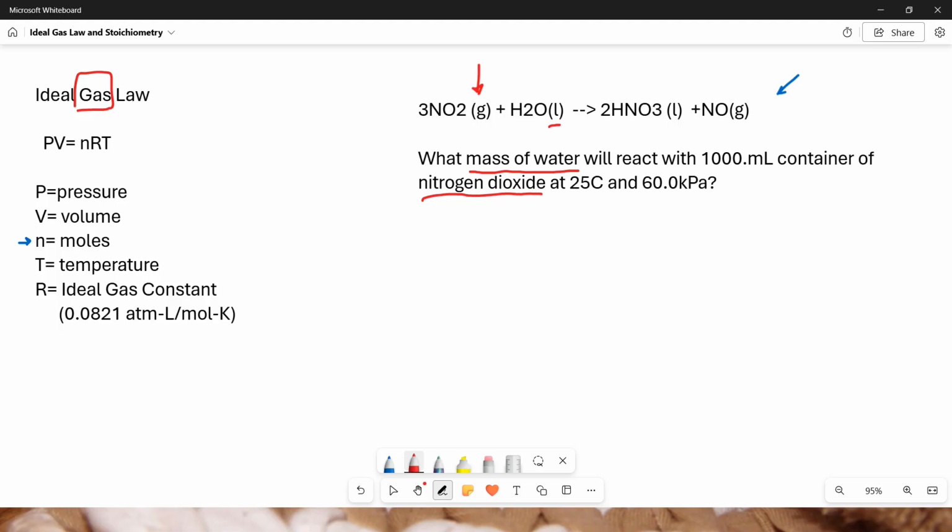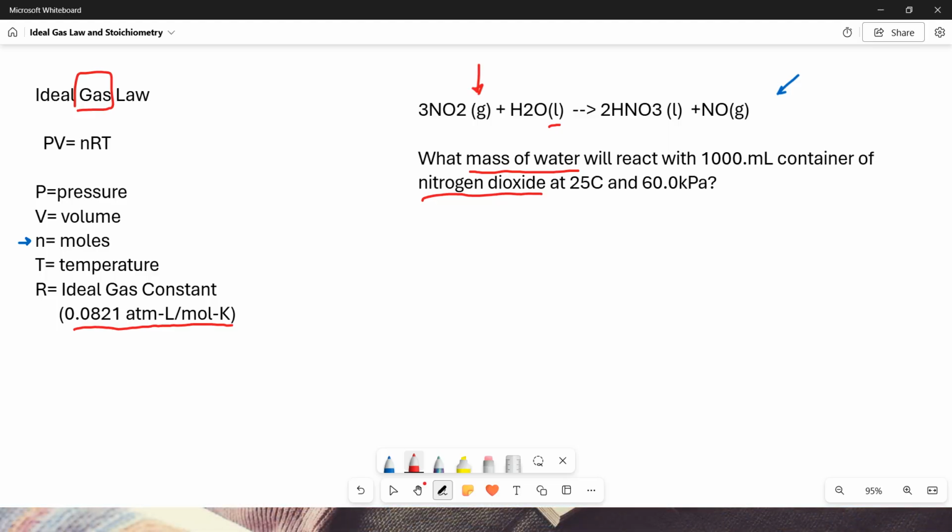Another thing I want to point out is the ideal gas law constant. I often use atmosphere liters per mole K. That value of 0.0821 is relative to the units that are used. So for example, if instead of atmospheres you want to use torr, the constant is going to change.